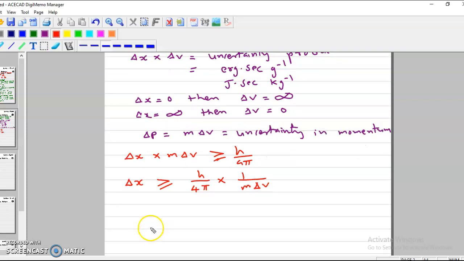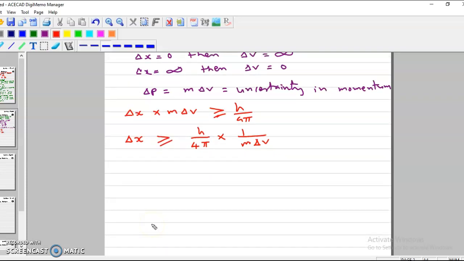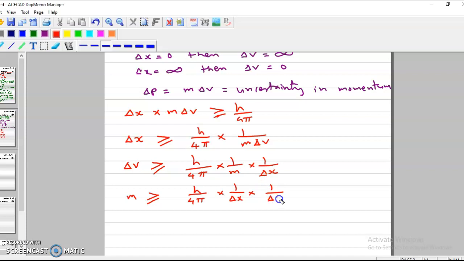Or if you have to find out delta v, the uncertainty in velocity, it is greater than or equal to h upon 4 pi into 1 upon m into 1 upon delta x. Or the mass m is greater than or equal to h upon 4 pi into 1 upon delta x into 1 upon delta v.